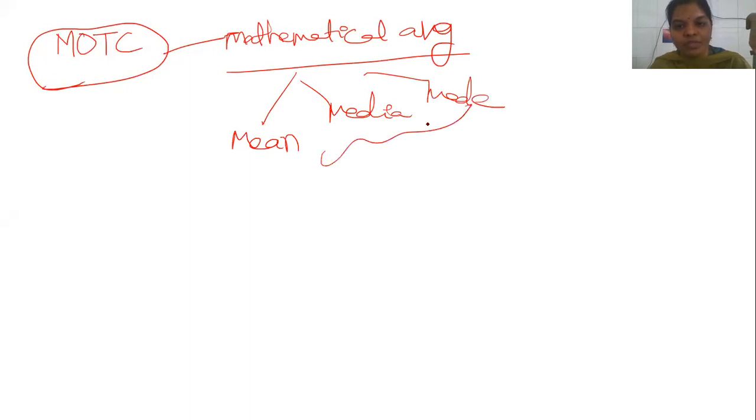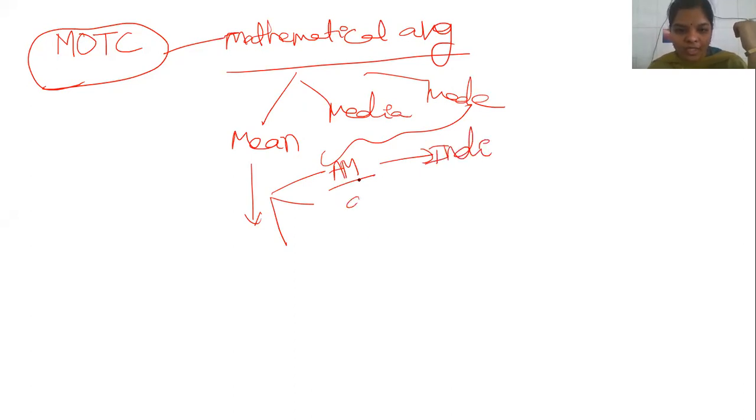These three are the different parameters under mathematical averages, right? So this mean is again divided into three different types: the calculation of arithmetic mean for individual series, for discrete series, or for continuous series.